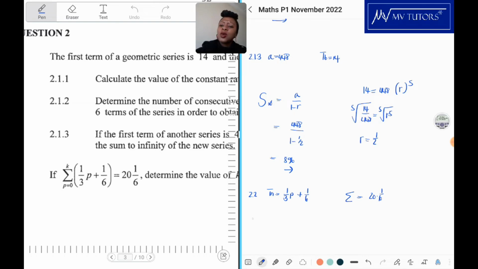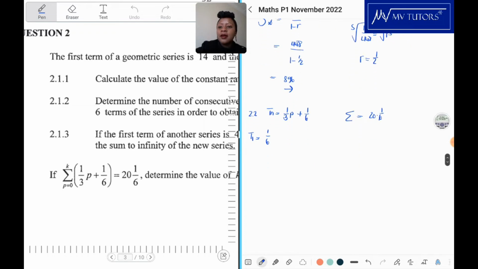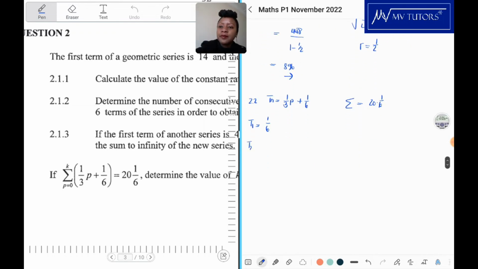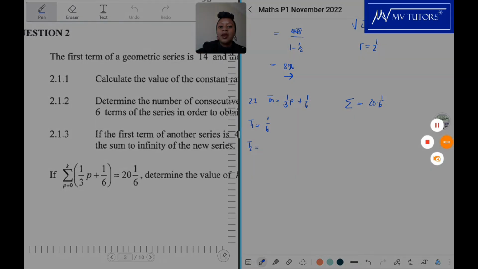All right, so what is the first term? I like to advise that whenever you get sigma notation, find the first 3 terms. So the first term is when we substitute 0 in the place of p. So a third times p is 0, so then we're left with a 6. Okay, now the second term, we will have a third plus a 6. I mean, you can really work it out in your mind.